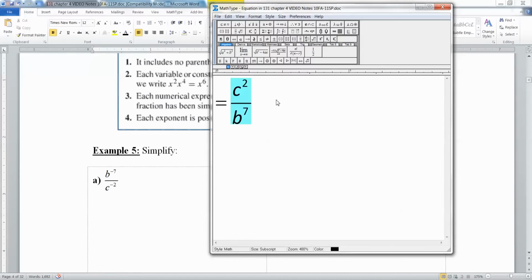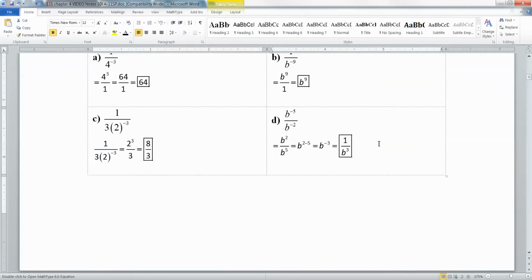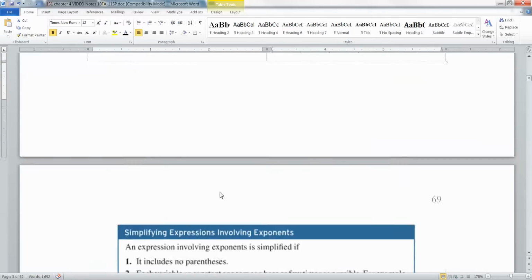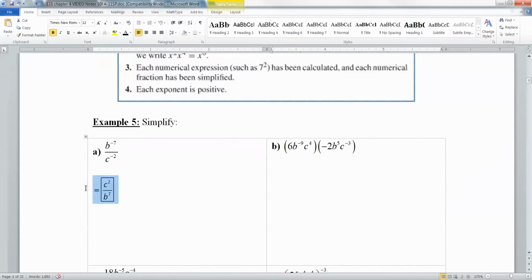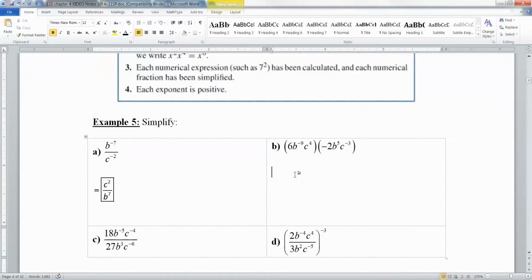Nothing cancels, nothing simplifies. It's actually a simpler problem than the one we just saw, where since they were both B's, you had to finish it out and subtract. But here, since they're not like terms, you can't even do anything after that. You're done. All right, they'll all stay that easy. Just kidding, they won't. All right, so let's look at letter B.